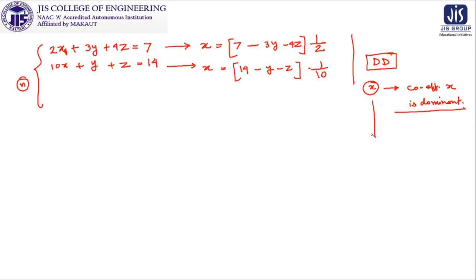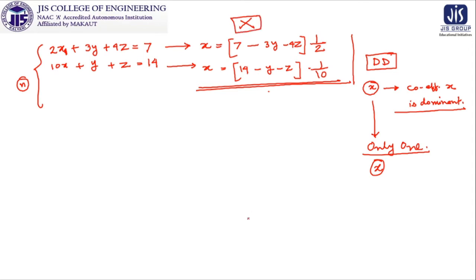You will not get more than one such equation in a diagonally dominant system. You will get only one, and that is the equation from which you have to write x. So in this case we are going to write x from the second equation, and there is no question of accepting the first one in further studies. Where the further studies will be performed, I will show you after 1 or 2 minutes. I just want to emphasize why we write it in a diagonally dominant system.